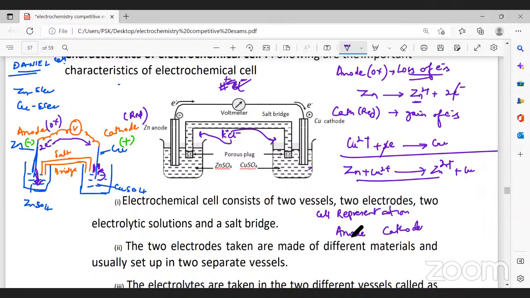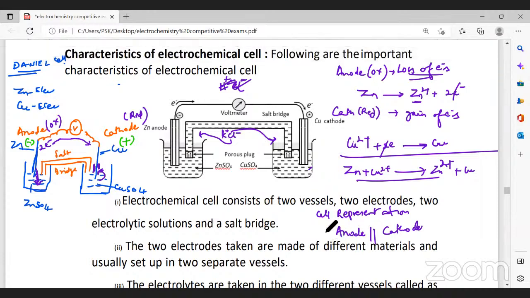The anode and cathode are separated by a salt bridge. So how do we represent the electrochemical cell? Anode on the left side and cathode on the right side, both separated by a salt bridge. The salt bridge is represented by two parallel lines.